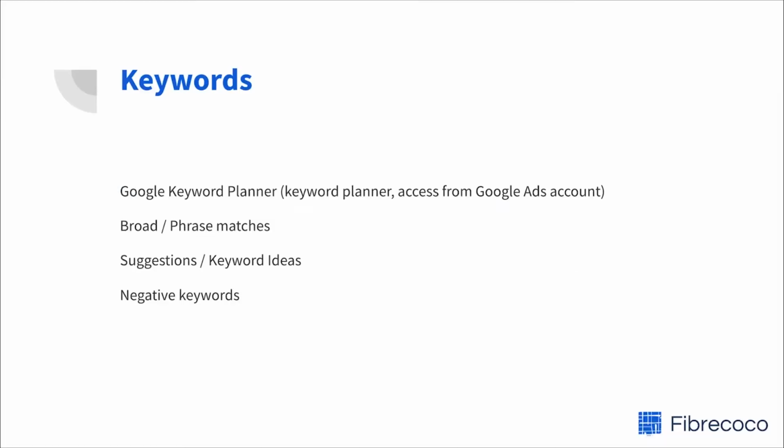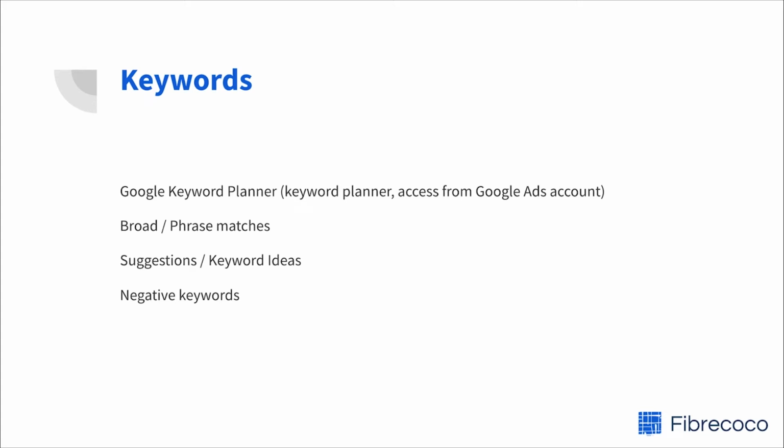If you have no idea what keywords your users are searching for on Google, you can use the tool Google Keyword Planner. It's also important to know that when we define the keywords, we can use different matches, the broad match or the phrase match.